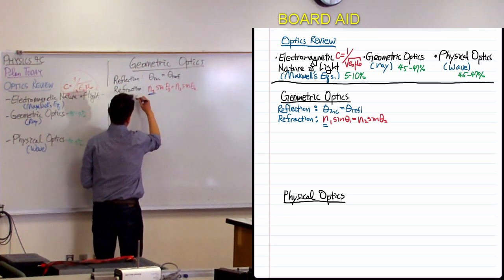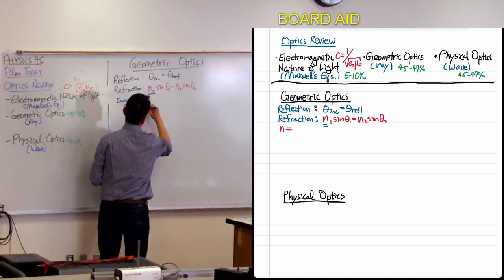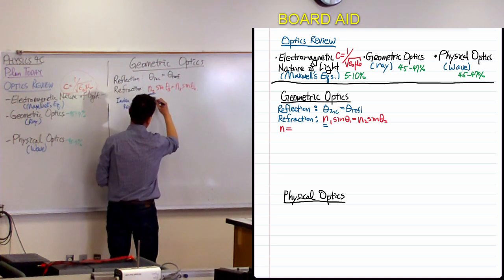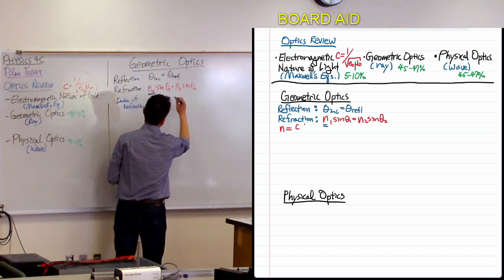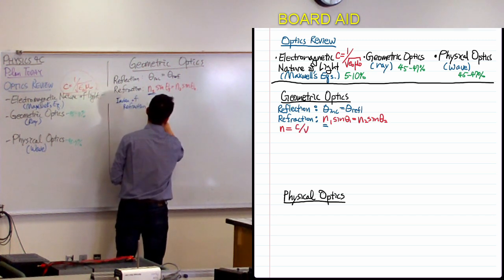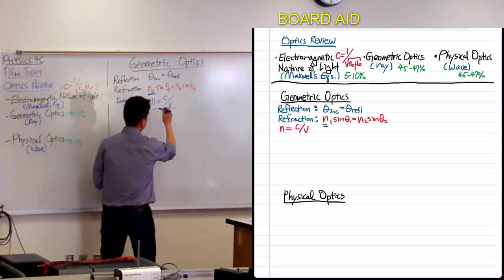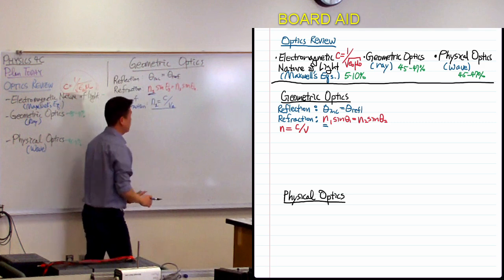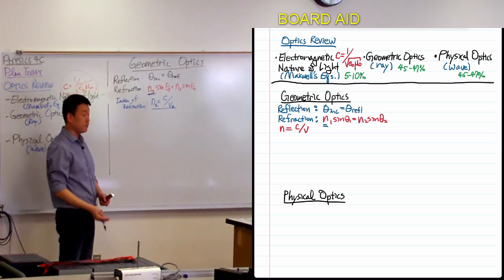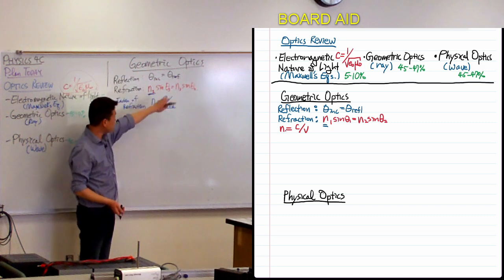Index of refraction is defined as the speed of light in vacuum divided by the speed of light in matter. Okay? So if it's index of refraction of some material, then c is a constant, and speed of light in that matter would be a property of the material. So this is the very basic starting point.